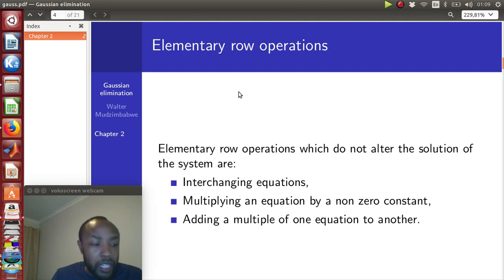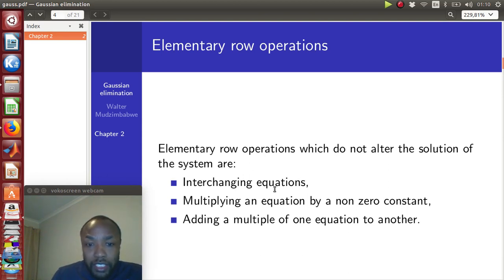Now we are going to proceed by using what are called row operations. Now row operations take the following forms. Okay. So these three are all valid row operations. The first one is we can interchange equations. So as you may expect, if you interchange equations, the solutions won't change, right?